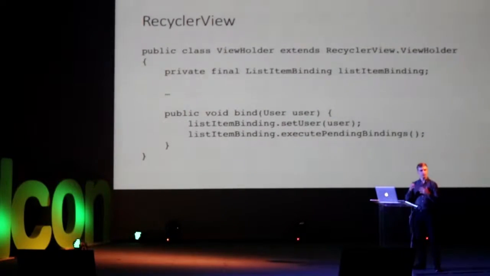So if you have some timing issues, for example, if you have a list item with 3 lines of text and a list item with 1 line of text, the measurement would be wrong if you don't trigger the binding before the measurement is done. So that's very important. If you use RecyclerView, make sure to call executePendingBindings.